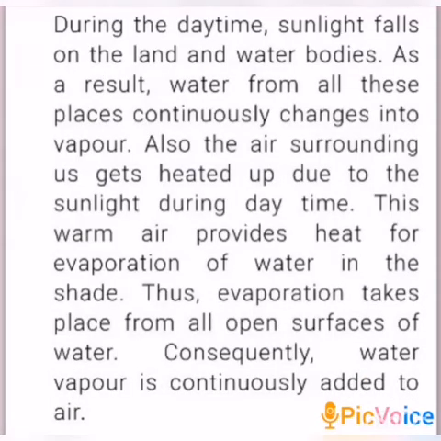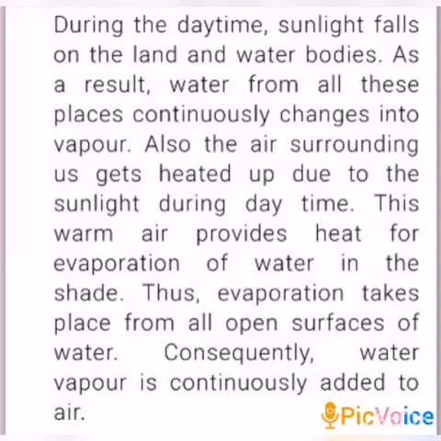Okay. In what way does this evaporation process help in the water cycle? During the daytime, sunlight falls on the land and water bodies. What will happen, children, when the sunlight falls on the land and water bodies?